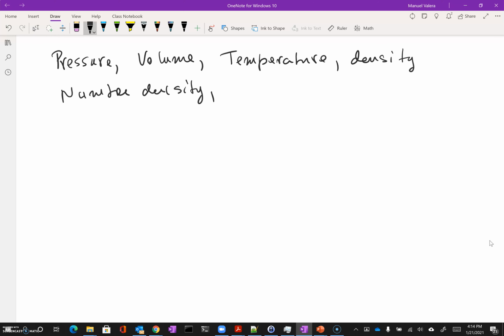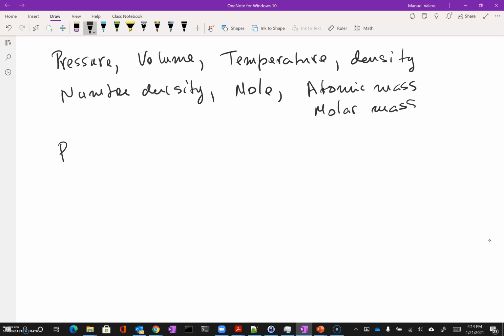Along with that, we have the idea of mole, and then we have the idea of atomic mass or molecular mass, and then we have the idea of molar mass. So these are the quantities that we want to write equations with and that we want to study and see how they behave.